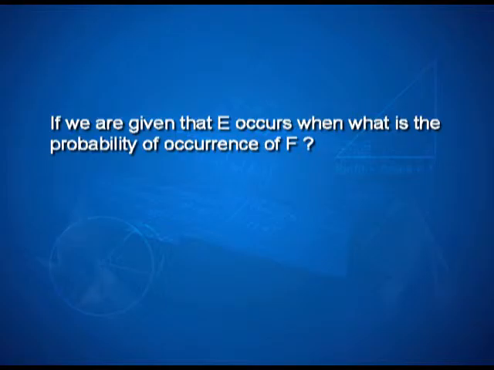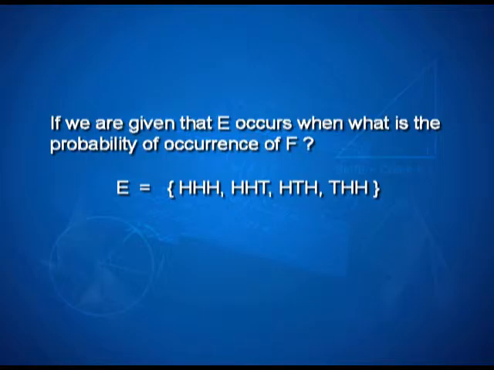We want to find the probability of occurrence of F. E was nothing but at least 2 heads appear. That is, these 4 possible outcomes are known to have occurred, or at least one of them would have. So, our new sample space, out of which we are going to look at the probability for the occurrence of F, happens to be this set.